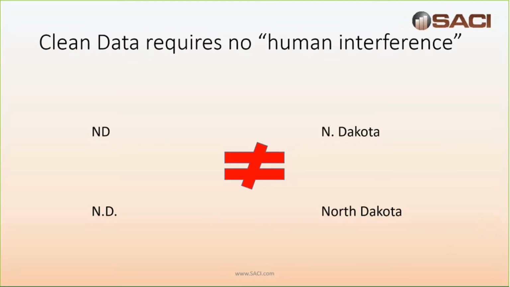So if we look at the state of North Dakota, ND does not equal the words North Dakota. So if you had someone manually keying those in and you try to look at all of your cells for North Dakota, if you type in show me all the cells for ND, it's going to exclude anything that's done with North Dakota or N.D. or N. Dakota.